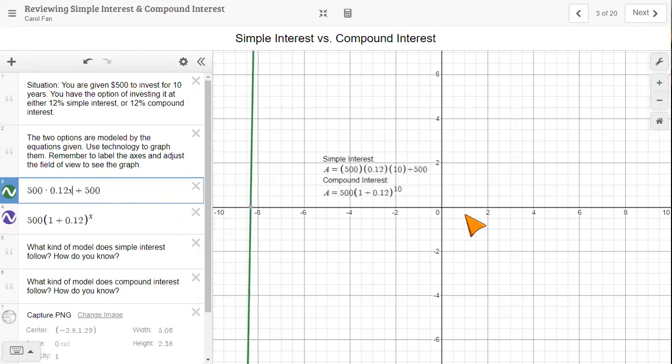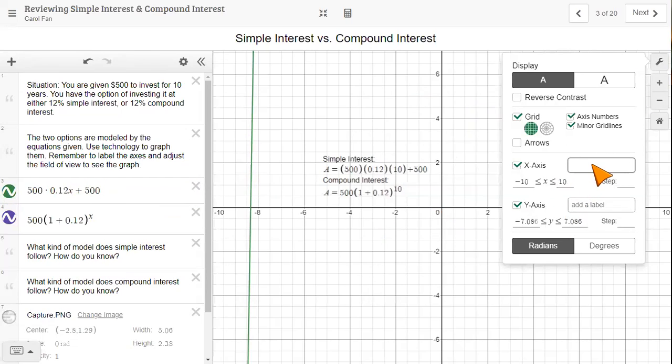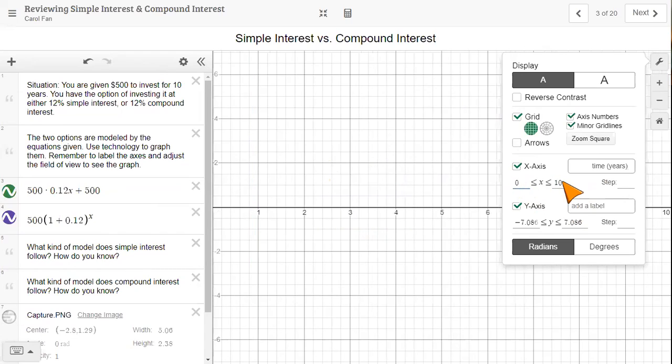Now, my X and Y axes, this field of view is way too small. So let me change it so that I can see my graph. Now we know that the X axis is time and we're talking about years. Yes, we could do 0 to positive 10 years.